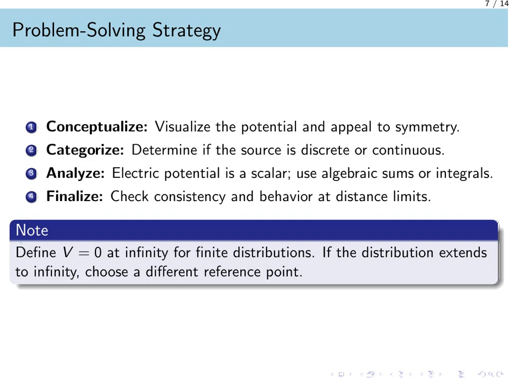Remember that electric potential is a scalar quantity, so you can use simple algebraic sums or scalar integrals without worrying about vector components. Finally, finalize your result by checking its consistency and observing how the mathematical expression behaves at extreme distance limits. Note that for finite distributions, we typically define the potential to be 0 at infinity.